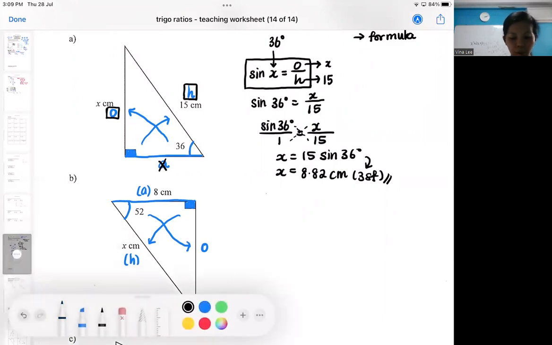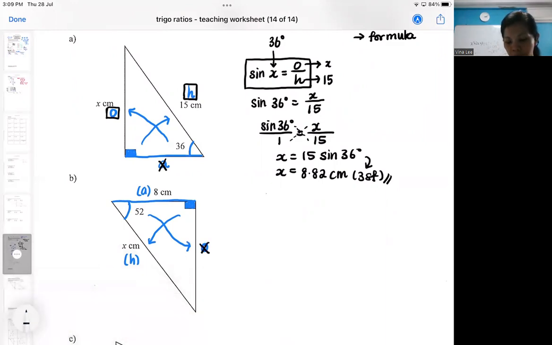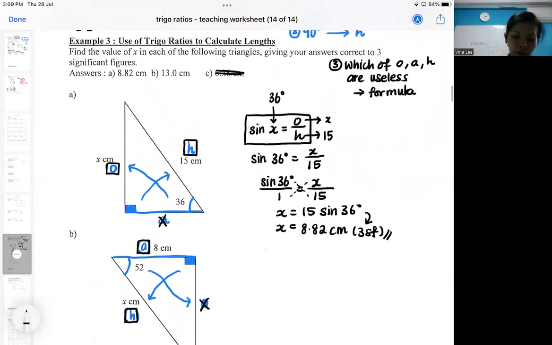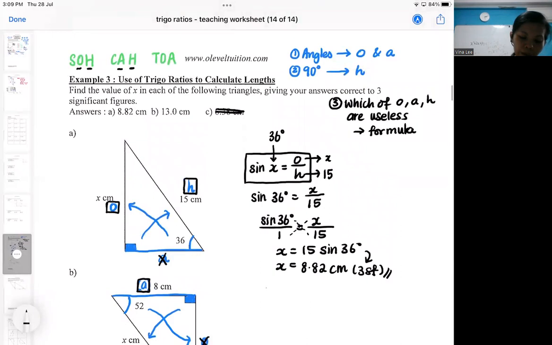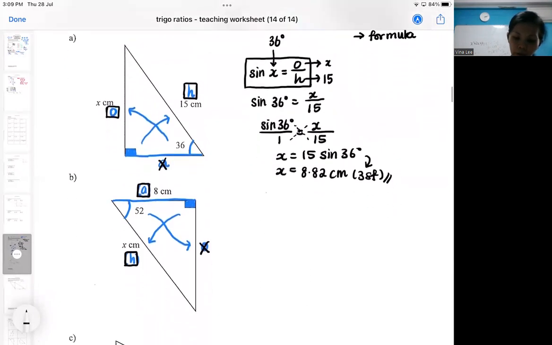The one with no algebra and the one with no numbers, that will be useless. So you are left with A and H. So A and H, you come to the formula cosine. So it will be a cosine ratio.